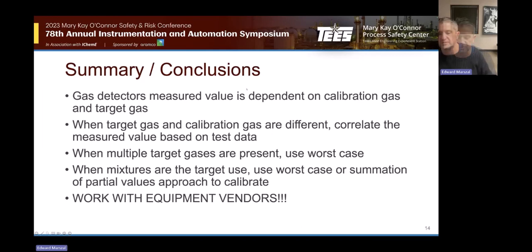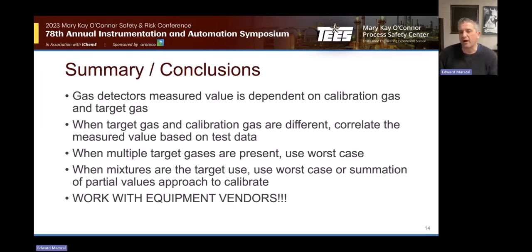Any questions? But in the meantime, I guess I would kind of stress that there are a lot of operating companies that are trying to save money by always calibrating to methane, regardless of what they're actually trying to measure. And that's, as I've showed throughout this training class, possible.